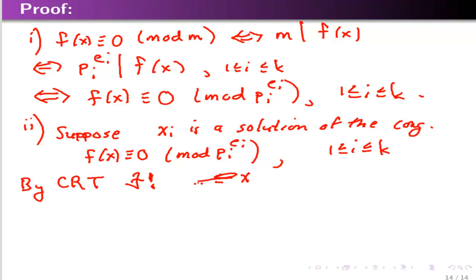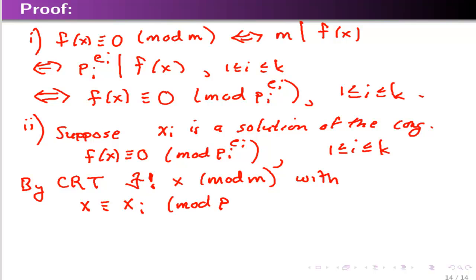Well, let's write it like this. There is a unique x mod m with x congruent to x sub i mod pi to the ei, where i goes from 1 to k. And why is that? Because these are distinct prime powers, so they are pairwise relatively prime.